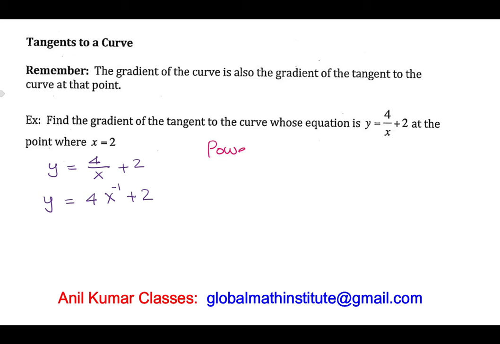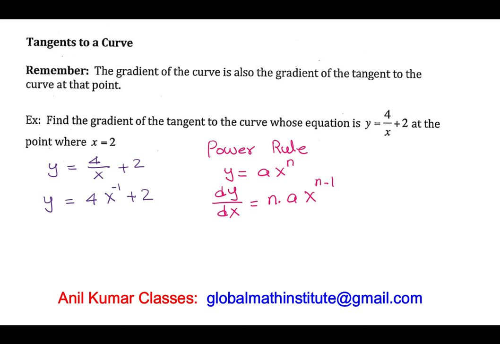So let me write the power rule here, which is: if we have y equals a times x to the power of n, then differentiating with respect to x, the derivative is n times a times x to the power of n minus 1. So it becomes easier for them to write this minus 1. That is why in this video, I'm going to use this nomenclature.